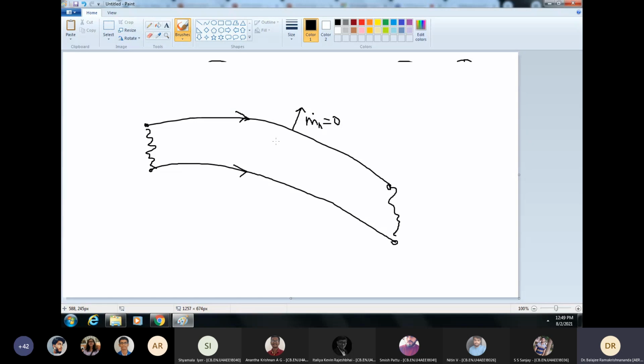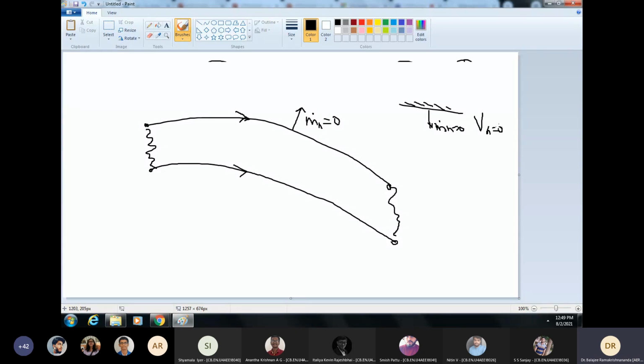This is very important, because if you look at a solid wall, there also there is no mass flux into the wall, and no mass coming out of the wall. M dot n is equal to 0. Another way of saying this is that the velocity component normal to the wall is 0.